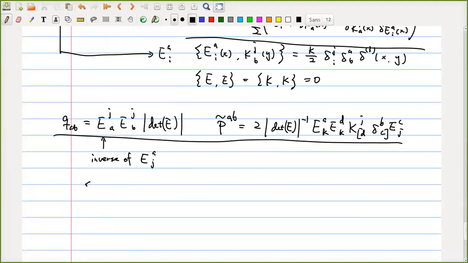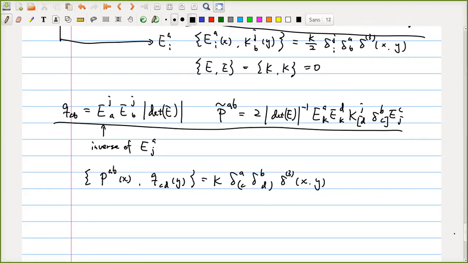Yeah, so what you can check is that the Poisson bracket of P^{AB}(X) and Q_{CD}(Y) equals kappa delta^A_C delta^B_D delta(X,Y). Here I'm using abstract indices A, B and C, D, and the right-hand side is also abstract indices A, B and C, D. But you can also understand the same formula using concrete component indices, which will allow you to drop the twiddle.